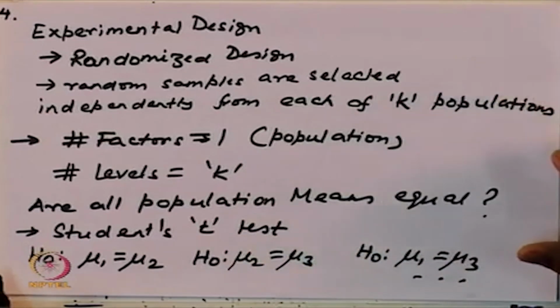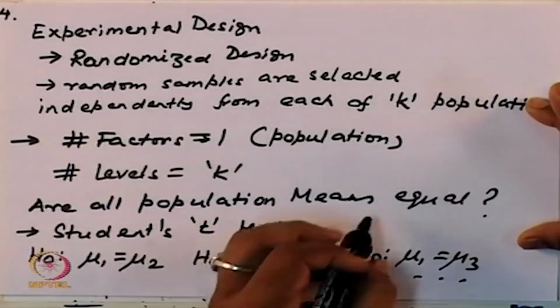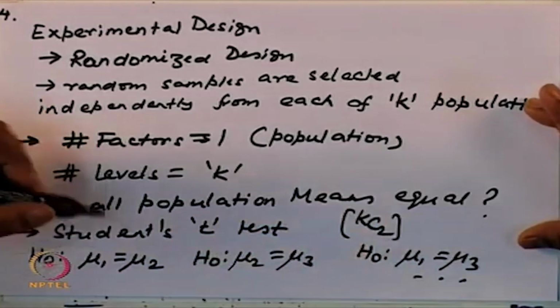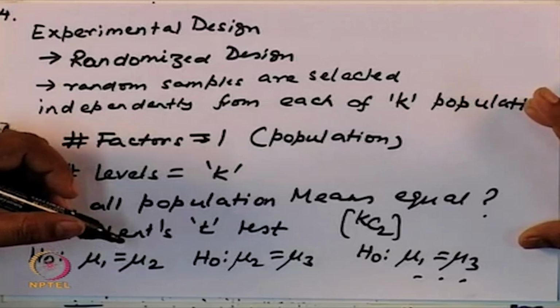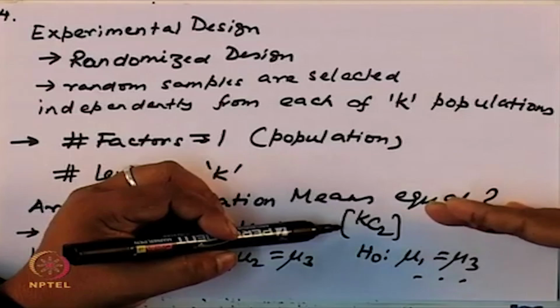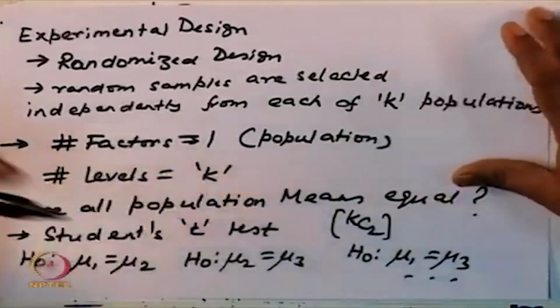If you have k different populations, you have k C 2 tests of hypothesis that you will have to perform. Increasing the number of tests increases the possibility of error. So, ANOVA provides you the ability to come to this conclusion with a single test.